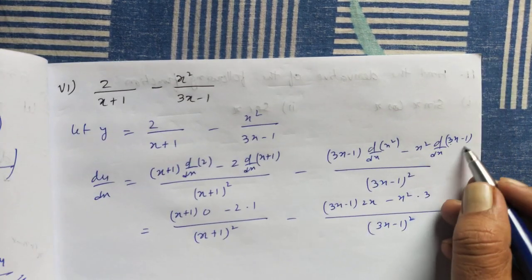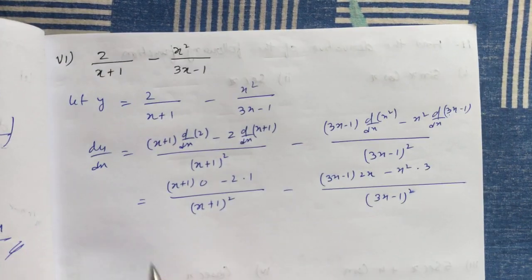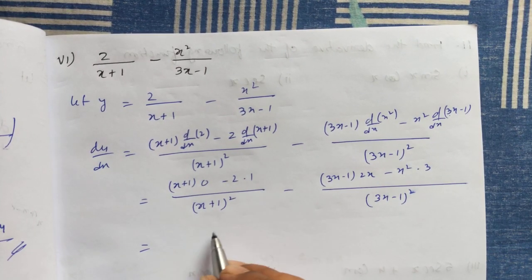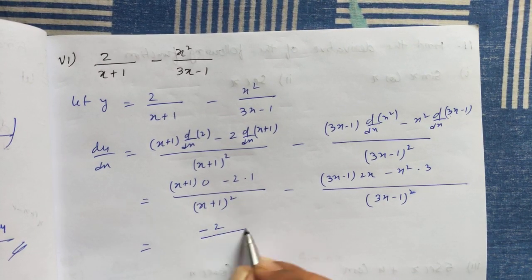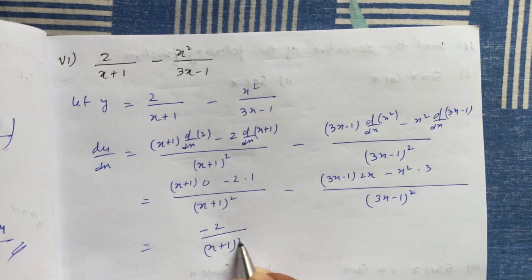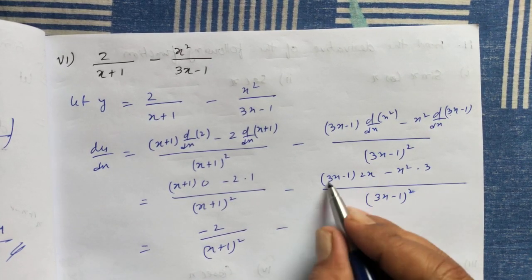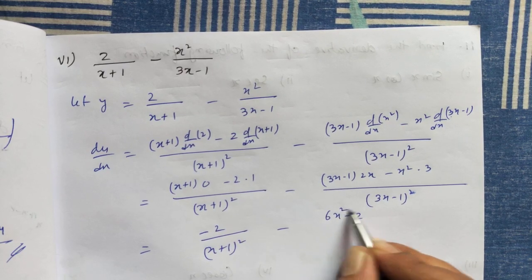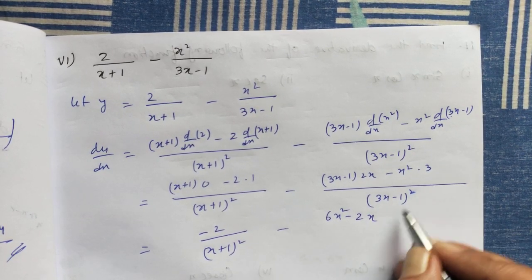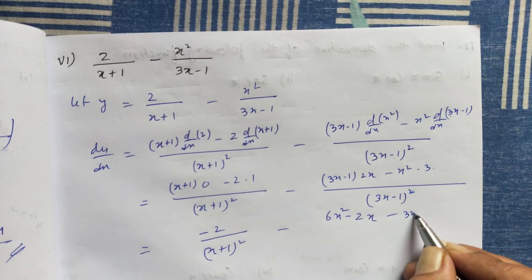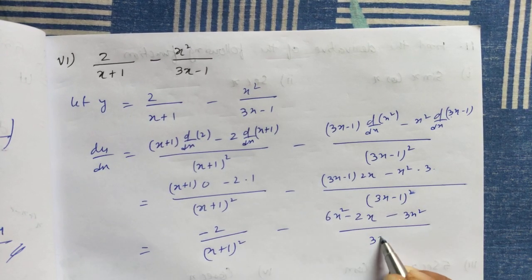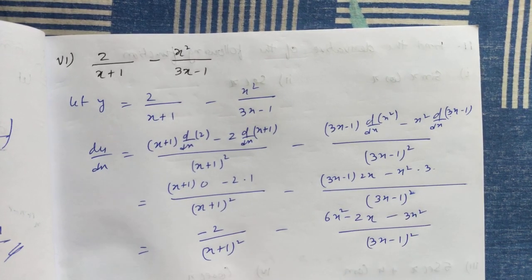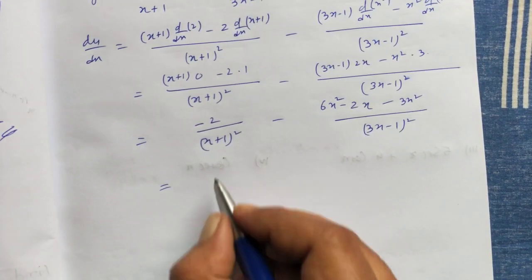We don't have to find for constant, it's 0, so no need to write. You're left with 2 on the 2 minus 2 by. This is 3, 2 is 6x minus 2, 6x square minus 2x minus 3x square by. So your answer is minus 2 by.